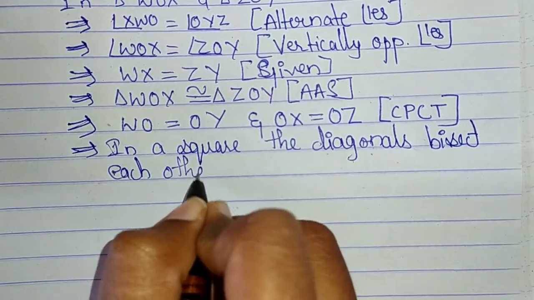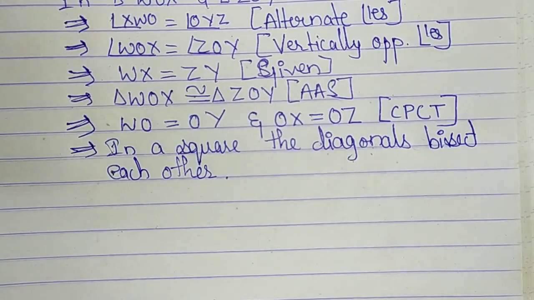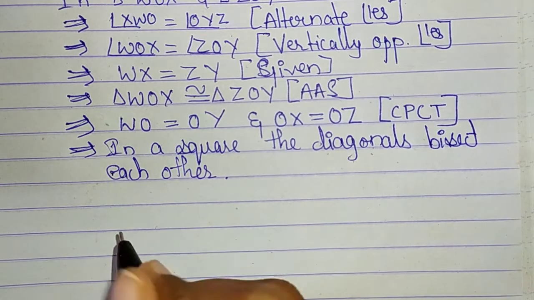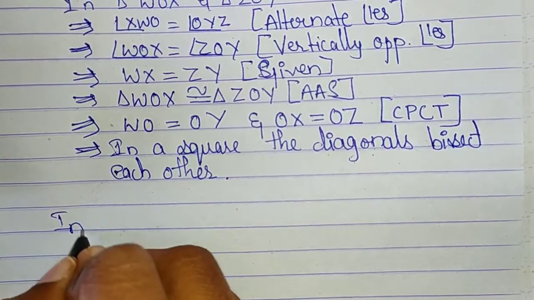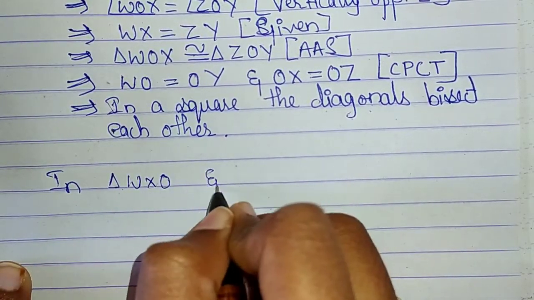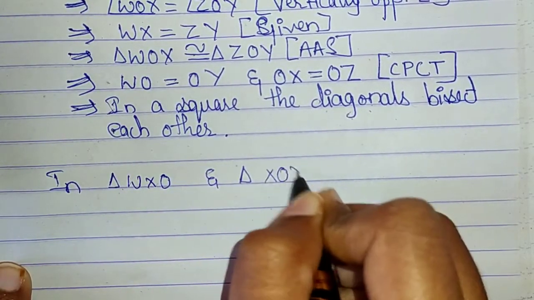Now lastly, let us prove that these diagonals are perpendicular to each other, or they form right angles to each other. So now consider triangle WXO and triangle XOY.